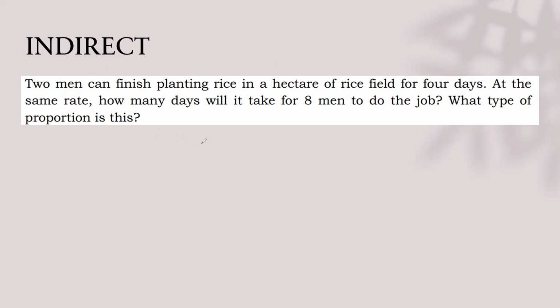Kung two men ay matatapos in 4 days, ito ay men, ito ang days. Ilang araw matatapos ng 8 lalaki ang parehong trabaho? So, ganyan ang magiging arrangement.